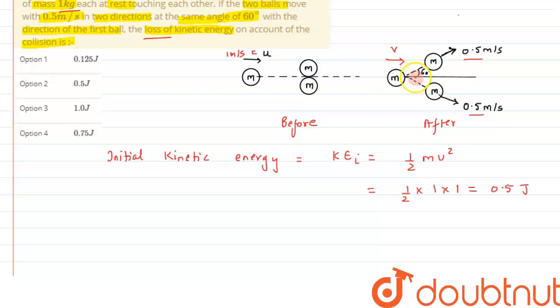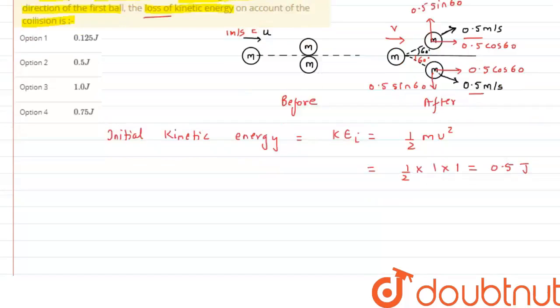We can resolve the velocity components along horizontal and vertical. Vertically it can be written as 0.5 sine 60, and horizontally 0.5 cos 60, and similarly for the other ball.